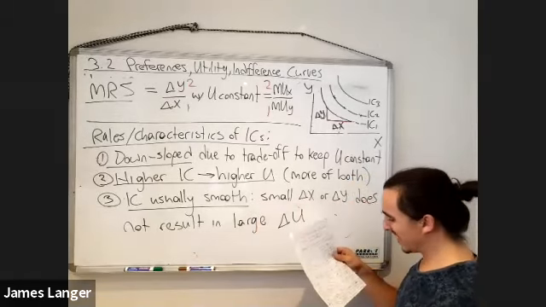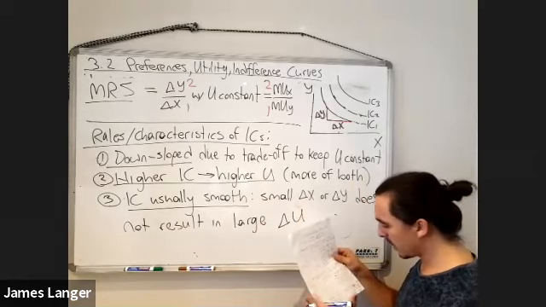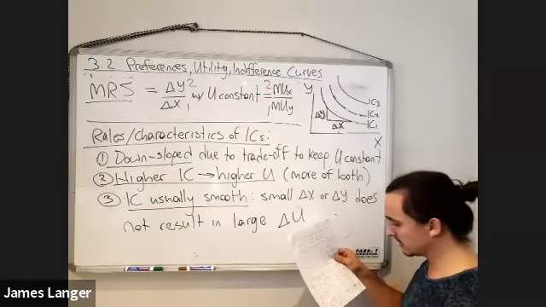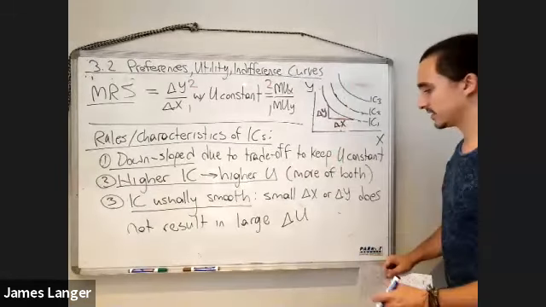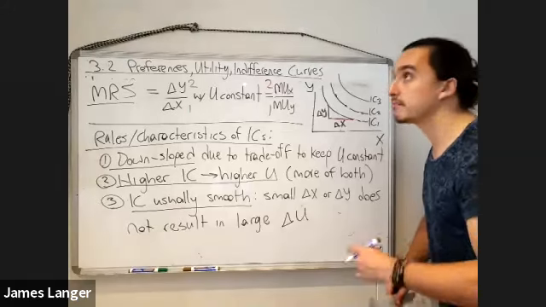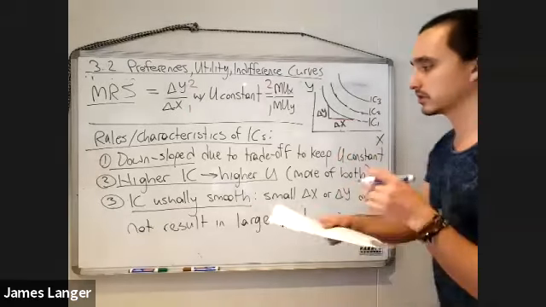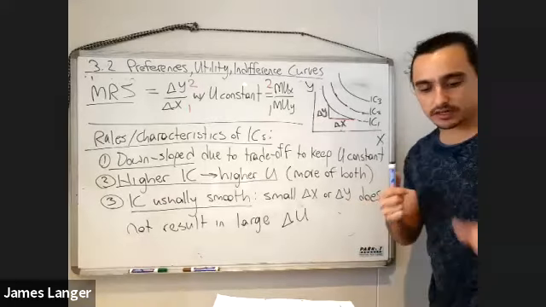It's a kind of a weird one, and I wouldn't worry too much about that. It's basically just saying that when you get more of something, you don't have massive jumps in your utility numbers. Cool.